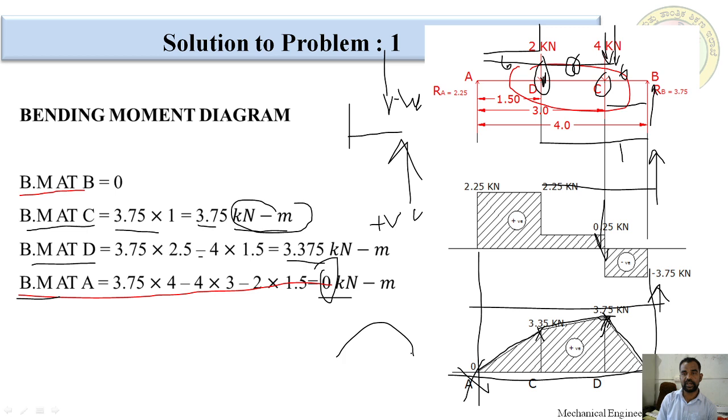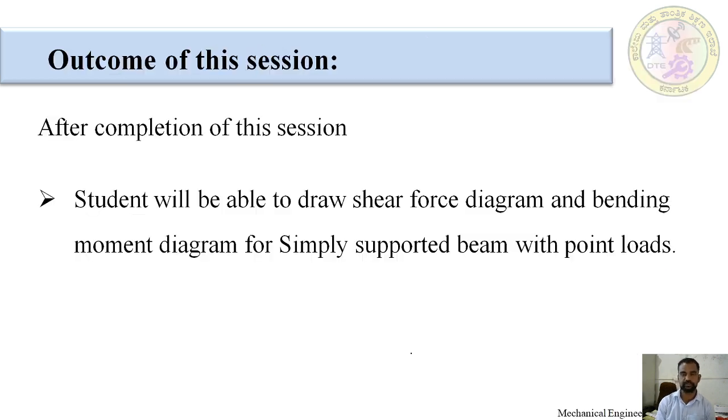Okay, I guess you understood how to draw the SFD and BMD, and how to do the calculation of reactions, shear force calculation and bending moment calculation. The outcome of this session is the students are able to draw the shear force diagram and bending moment diagram for simply supported beam with point load.